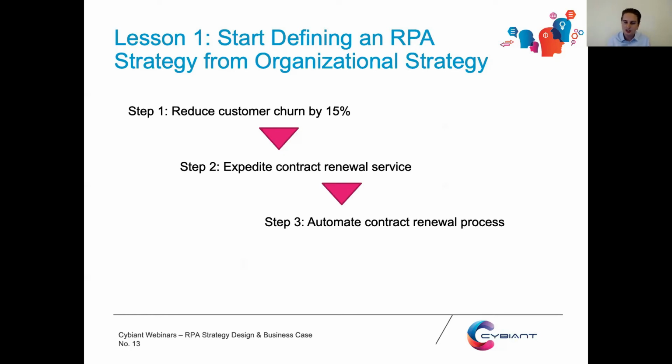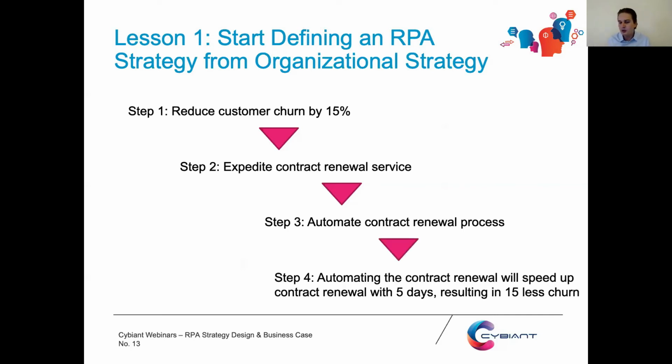In the organization itself, there will be some process for renewal of the contract. Otherwise, you wouldn't have customer churn. So we would need to review that particular process and find a way to automate the steps so that the new or revised contract is quicker with the customers. And if we do that, we can start to measure that by automating the contract renewal, we, for instance, speed up the contract renewal by 5 days, which will then subsequently result in 15 days less churn.